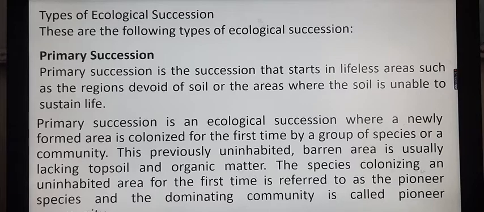The species colonizing an uninhabited area for the first time is referred to as the pioneer species, and the dominating community is called the pioneer community. So, the first living organisms which start surviving in that rocky area or desert area will be the pioneer community.